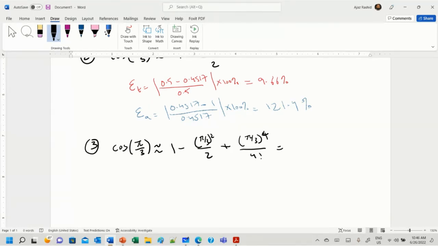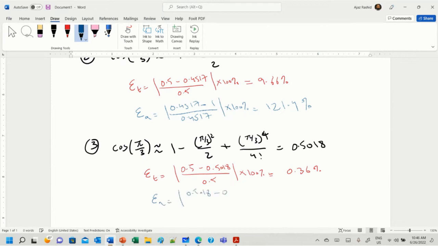That gives 0.5018, and you can find the true error as 0.5 minus 0.5018 divided by 0.5, which is 0.36%, and we can find the approximate error as 0.5018 minus 0.4517.